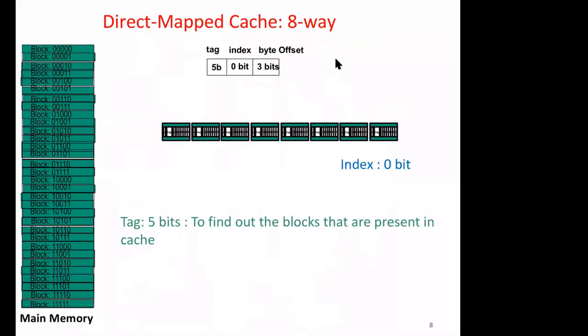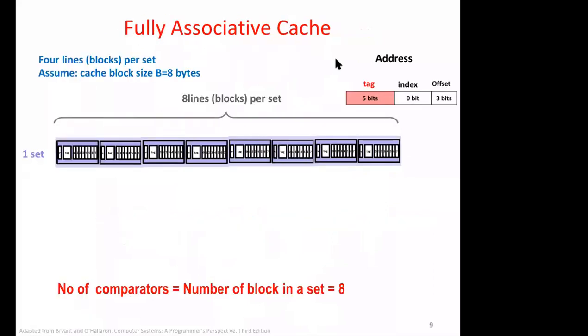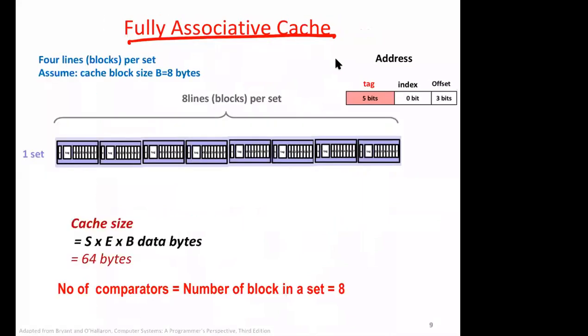Then we moved into 8-way set associative cache, and then essentially fully associative cache. Again here you can find out what the cache size is, and so on. Note that I have used slightly different notation here. We say there are 4 lines, so we call this a line.